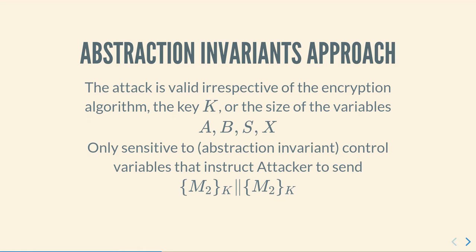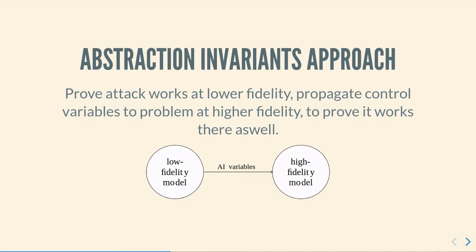They're abstraction invariant. And so what we do is prove that the attack works at the lower fidelity model, propagate the abstraction invariant variables as constraints to the higher fidelity model, and then solve to prove that the attack works at the higher fidelity model.